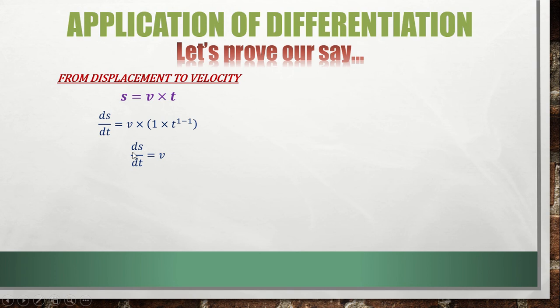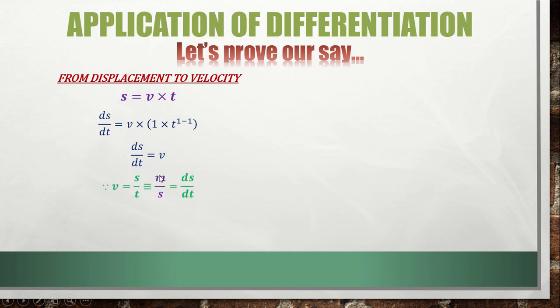And ds over dt is basically the rate of change of displacement with respect to time, which is also part of what differentiation is all about. So this clearly tells us that there's a relationship between displacement and velocity, which means if I differentiate the function of displacement, I'll get velocity.